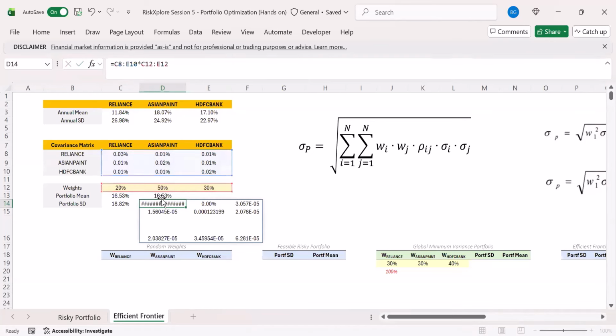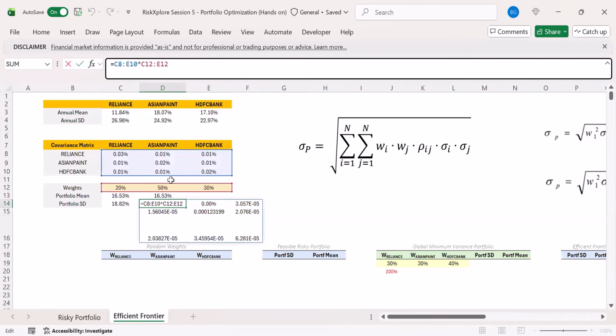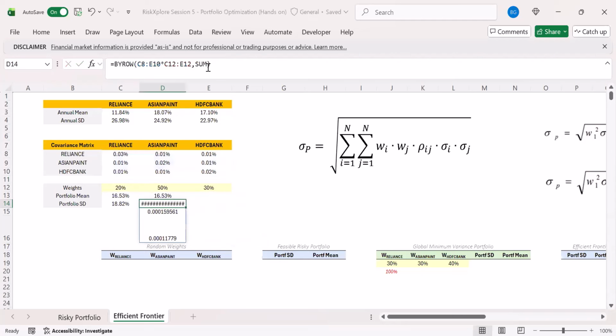Now हमें रो वाइज we have to add them together. So for that we can use BYROW function, BYROW comma row wise हमें क्या करना है, sum करना है. So we can use the sum function here. Close the bracket, press enter. We have the row by row sum here.